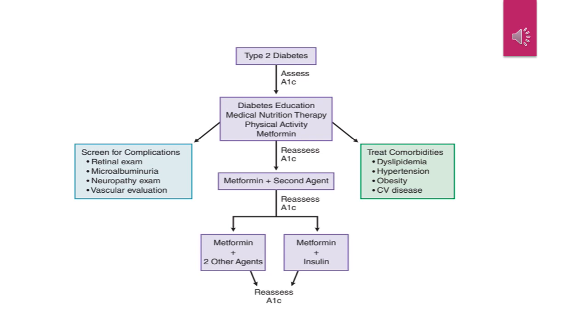So here the patient is getting metformin plus two other agents. The second agent can be a sulfonylurea. If the patient can afford, they can have SGLT2 inhibitors or DPP4 inhibitors. If required, in this situation, the patient can also be advised insulin. Then we need to reassess HbA1c again and titrate the doses so that we can achieve adequate blood glucose level.